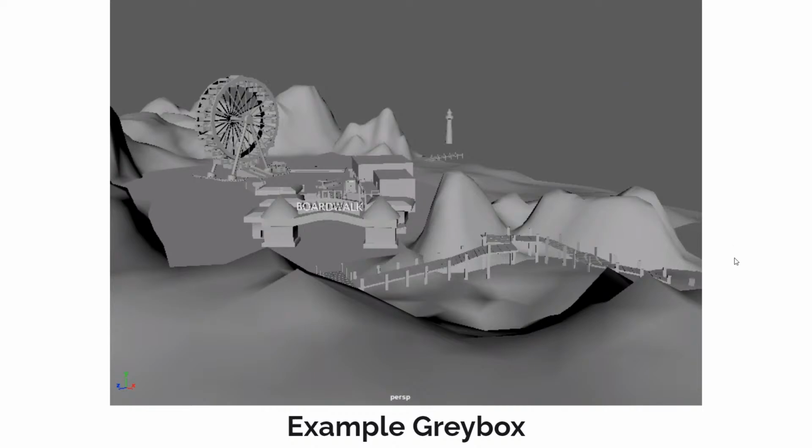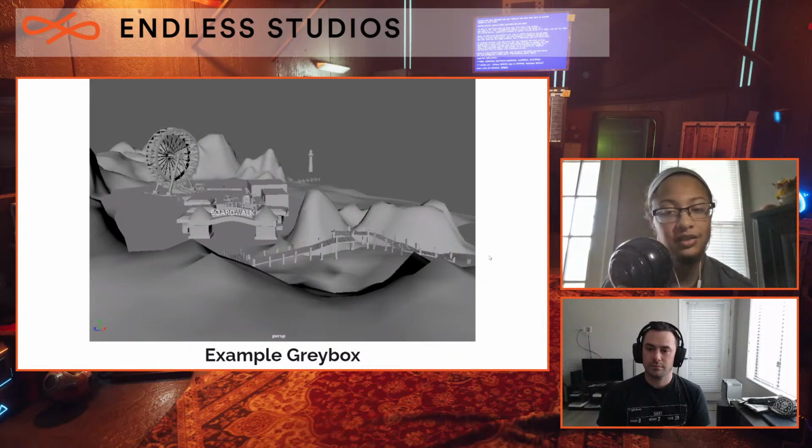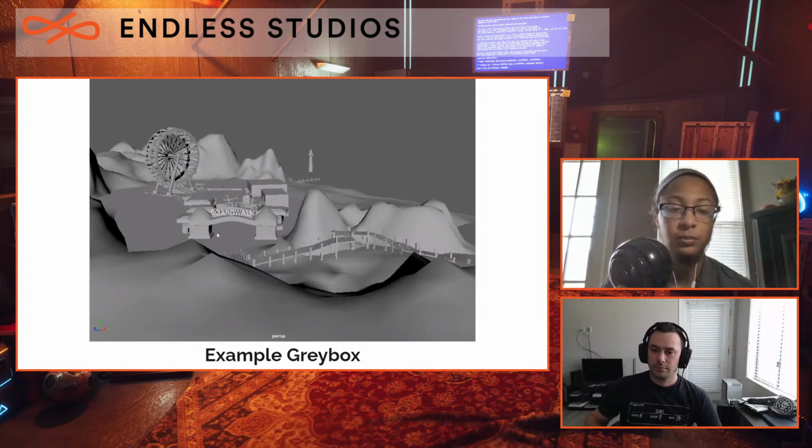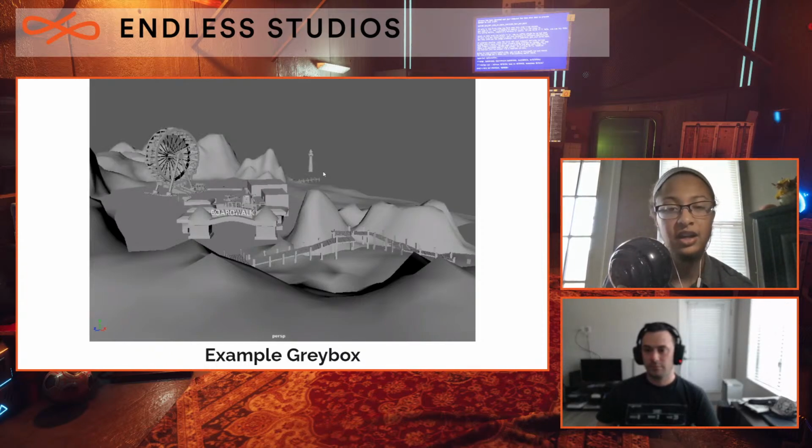There's some basic terrain, but you can see some detail with the shapes of this path that I have going through here, or the buildings. And then you can tell the overall flow of the level just going down this path through the buildings over to this Ferris wheel area, and then off to the right to where the dock and the lighthouse is. And those were ideas that I carried over from the paper prototype, but the layout isn't quite the same.